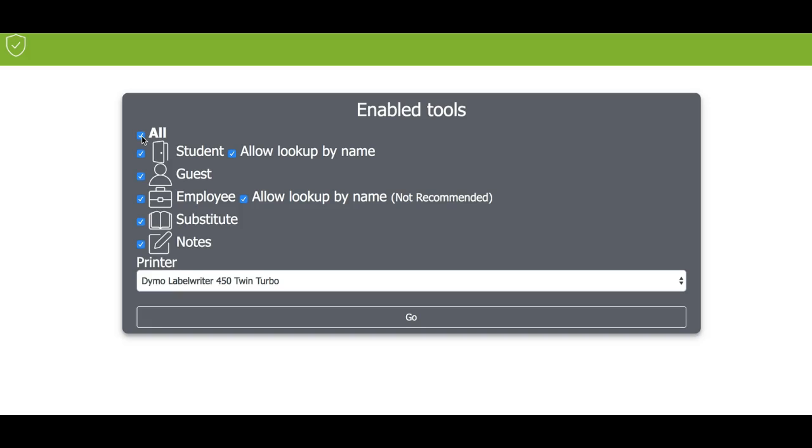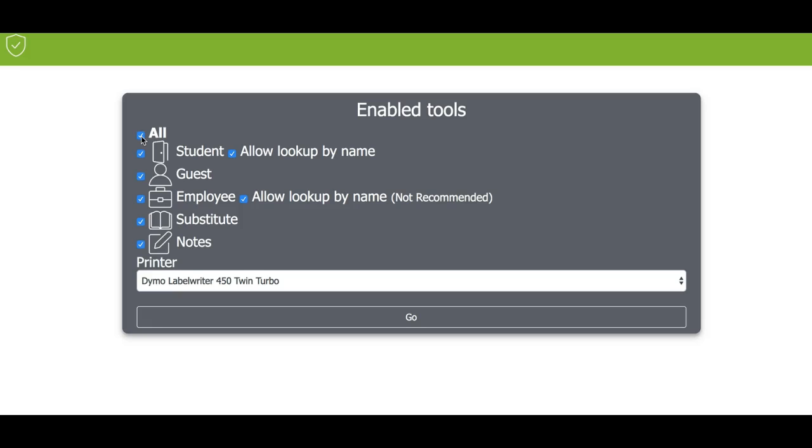So if you don't want students and guests to check in on the same kiosk, you can simply turn it on this station for students only, or you can turn it on for guests only. So whatever options you select here is what will be available on this kiosk for those users.